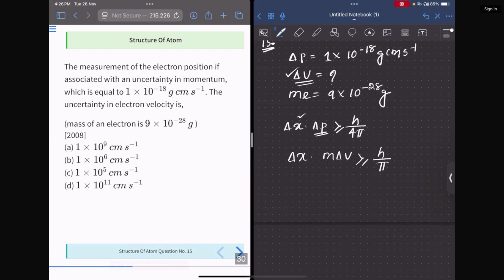What is it asking? Uncertainty in electron velocity, that means we have to find out this. So del v... just a minute, I have written wrong.